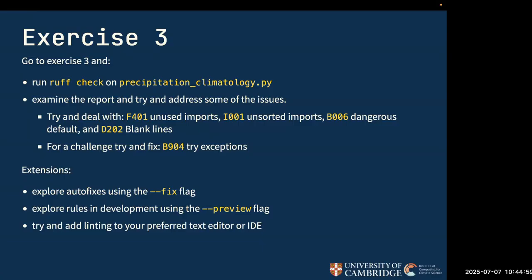Ruff format will apply its opinion about blank lines when it thinks they're definitely wrong. So for example, between functions, there should be 2 blank lines. After docstrings is a bit more of an opinion.